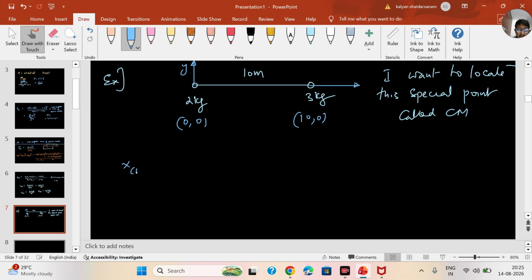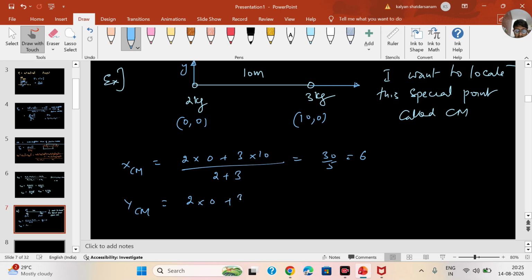Let's find the x coordinate of the center of mass. m1 x1 plus m2 x2 over m1 plus m2: 2 into 0 plus 3 into 10, by 2 plus 3. So it is 30 by 5, or 6. And the y coordinate of the center of mass is (2 into 0 plus 3 into 0) by m1 plus m2, that is 0. So ultimately the center of mass is at (6, 0).